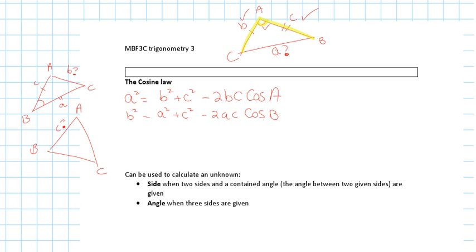Now, if I want to find side C, what should they give me? Angle C. Yeah. What else should they give me other than angle C? Side A and B. That's right, because I need to have the two sides and the contained angle. Okay. What would the formula be?